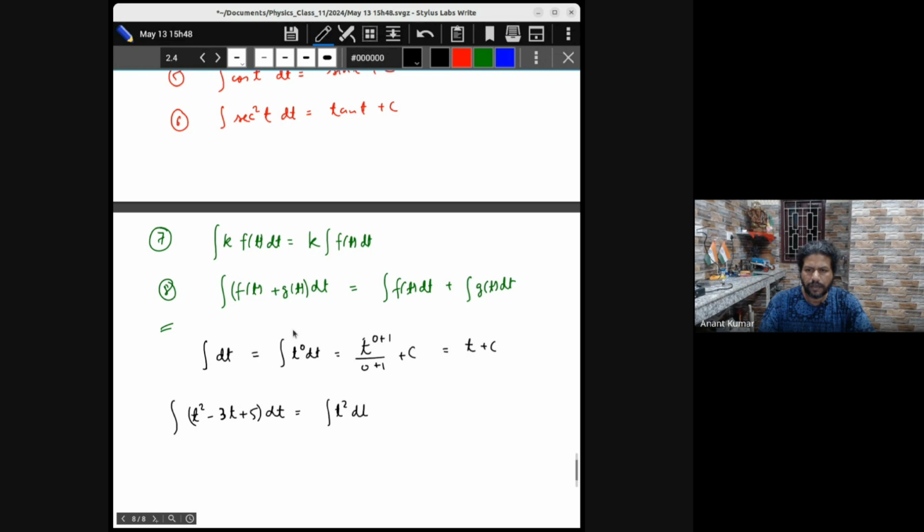Integral of t square dt, constants को pull out कर सकते हैं. इस कारण से we get this plus 5 into integration of dt. I could write down t square के बदले t cube by 3. I'll write down the constant at the end, सारे constant को इकट्ठा करके एक ही बार लिखा जाएगा end में. So this becomes t cube by 3 minus 3 into t square by 2 plus 5 into t and a constant. Okay, that's how it works effectively.